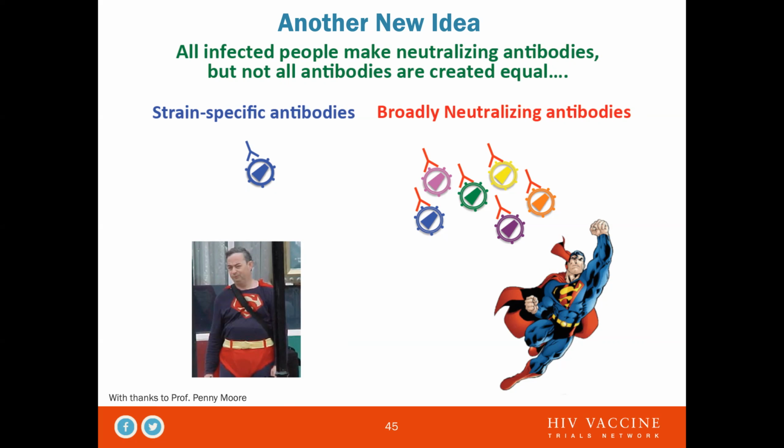The antibody that we have been testing, we've been testing quite a few actually, but I want to call attention to one specifically, which is VRC01, was able to recognize and kill 91% of different samples it was tested against, representing many different strains of HIV. So this is literally the difference between this weak Superman and the strong Superman in terms of how many different kinds of viruses the antibodies can fight against and neutralize.